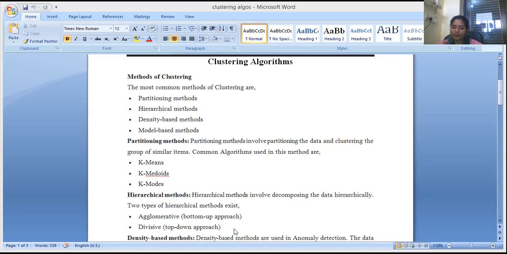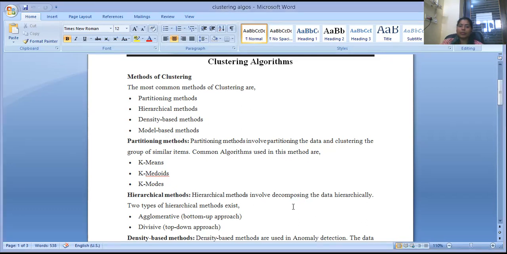Okay, so this is all regarding that. Now, coming to the clustering algorithm. There are various methods of clustering, like partitioning methods, hierarchical methods, density methods, and model-based methods.